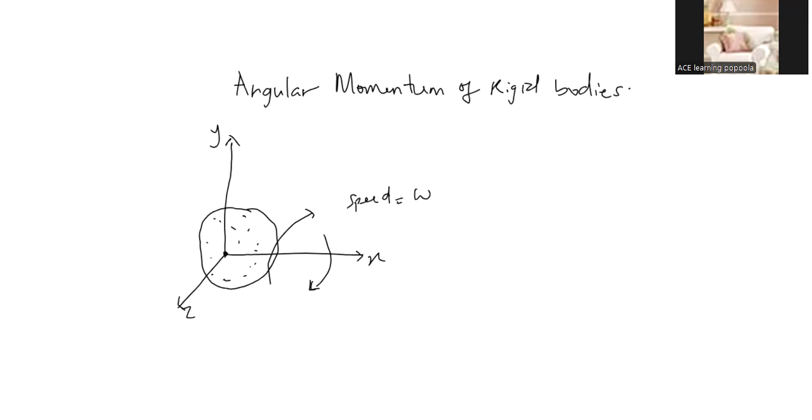Now, it means at every instant, the velocity v of all the particles will be perpendicular to the position vector at every point during the rotation. The velocity of these particles will be perpendicular.